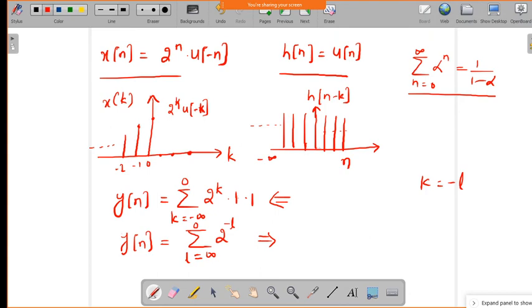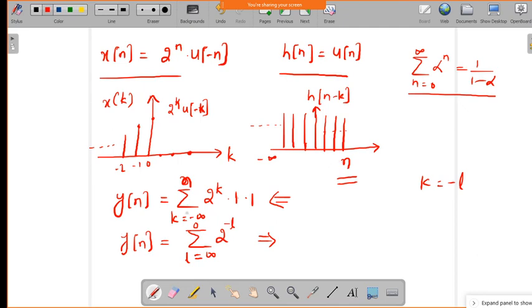Here the convolution exists. Since h of n is going till the value of n, the convolution exists from minus infinity to n, not 0. Each sample is multiplied with the final sample of h of n minus k. That's why we need to take till the value of n.